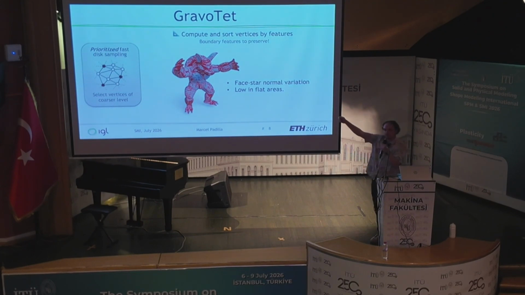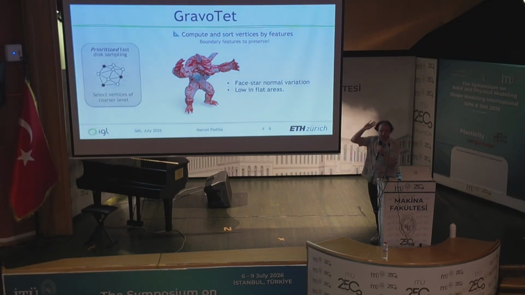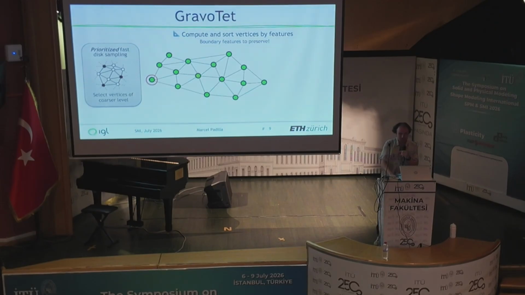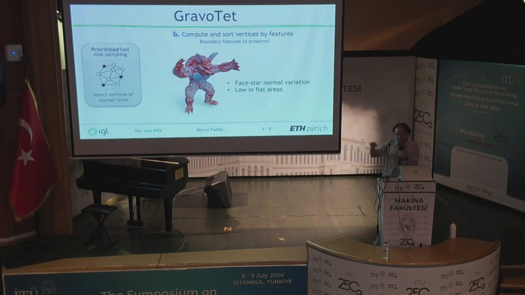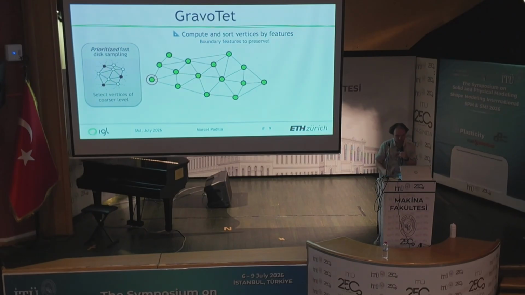We call it an important vertex, so we should make sure it doesn't get lost during the sampling. So edges of a cube would survive, or tips of the ear would survive this way. And then we sort all the surface vertices by these features in order for the fast disk sampling to start with the important vertices.